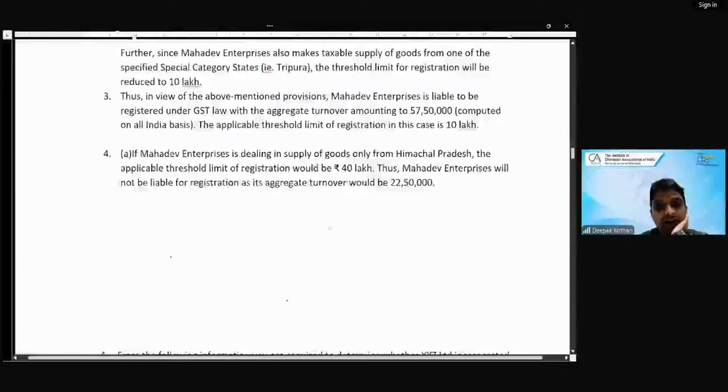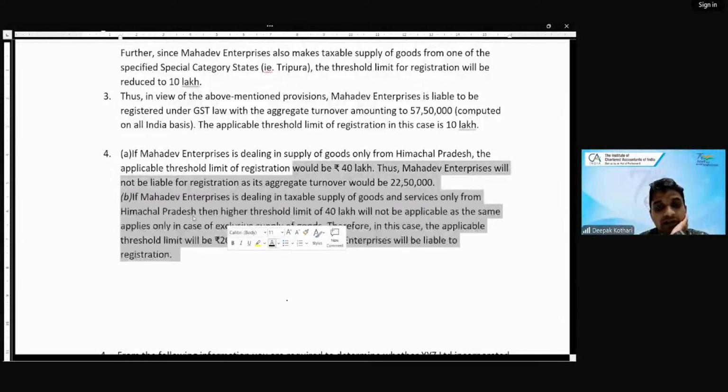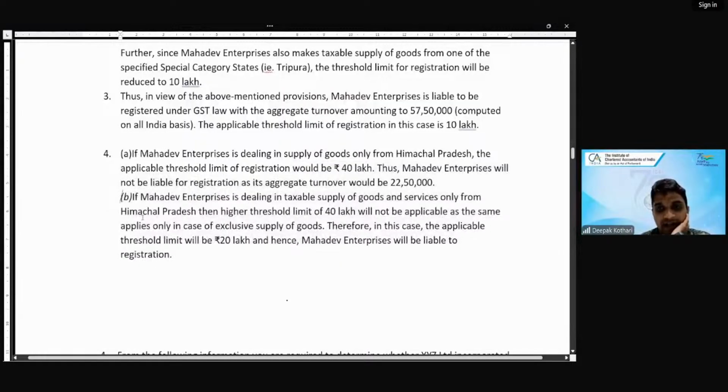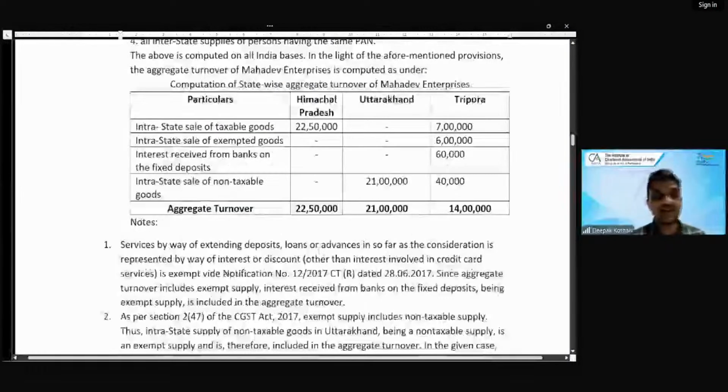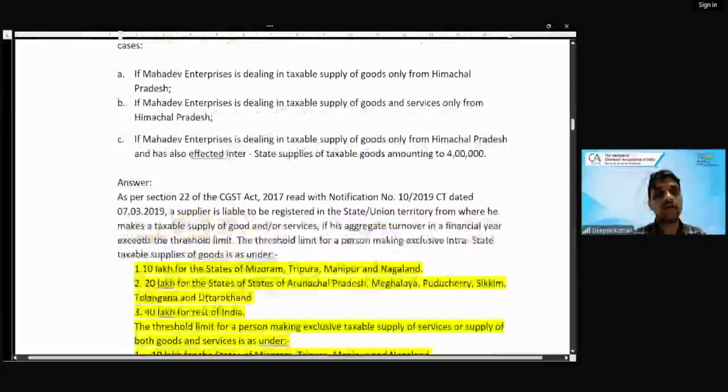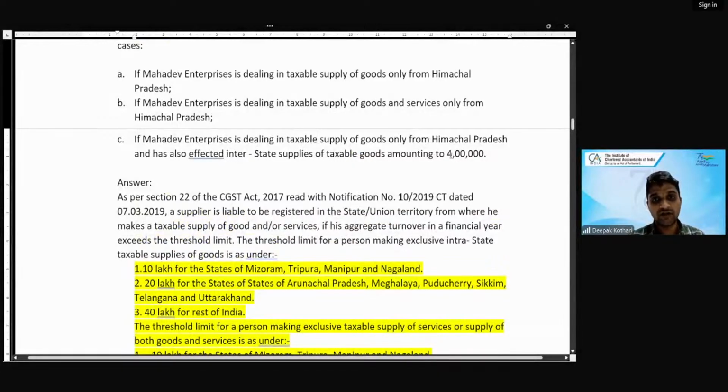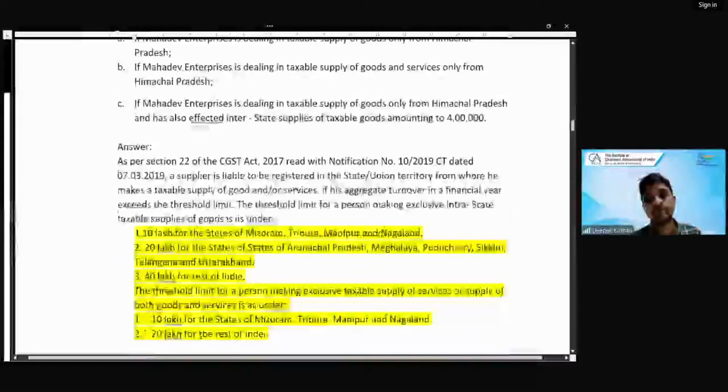Everybody has given a correct answer that if Mahadev Enterprises is dealing in taxable supply of goods and services only from Himachal Pradesh, then the higher limit of 40 lakhs will not be applicable. Then the limit will be 20 lakhs, and Mahadev Enterprises will be liable for registration in the second scenario also. Third scenario, if Mahadev Enterprises is dealing in taxable supply of goods only from Himachal Pradesh, okay, and has also affected interstate supplies of taxable goods amounting to 4 lakhs, then what will be the case?